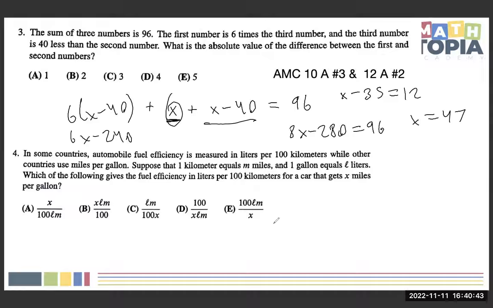That gives us the second number as 47, the third number as 7, and therefore the first number as 42. And we can check, yes, this meets all the stipulations of the problem, right? 47 plus 7 is 54, plus 42 gives us 96. So we know these are the right numbers, and the absolute value of the difference between the first and second numbers is just 5.